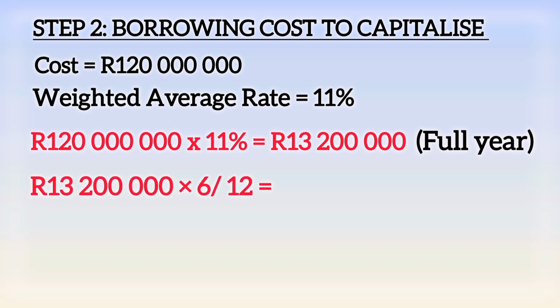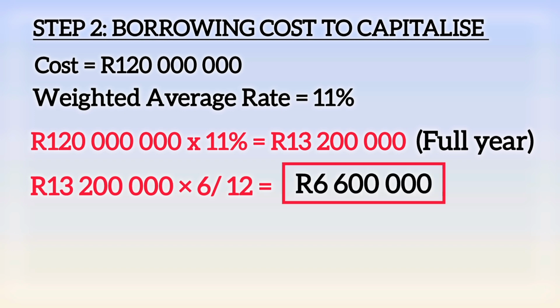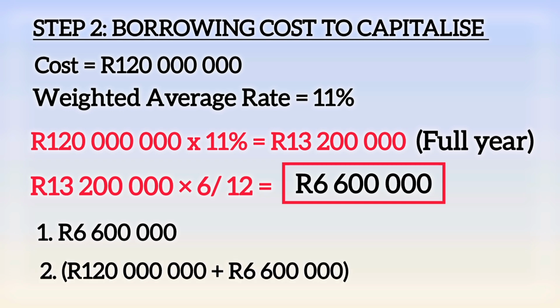So you say 13,200,000 times 6 divided by 12. 6,600,000 is the total interest to be capitalized for this year, which answers required number 1. Required number 2, we are required to calculate the building cost. So you say 120 million plus 6,600,000. 126,600,000 is our total cost of the building that is going to be recognized in the statement of financial position.